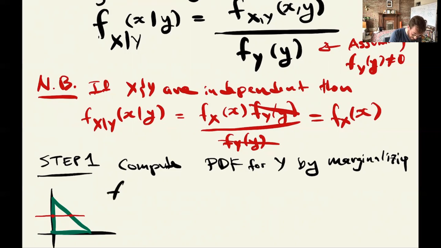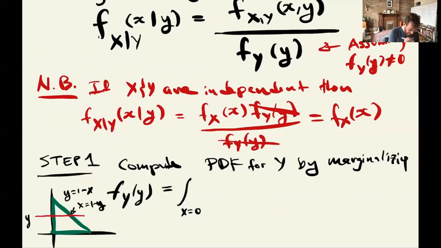Well, f of little y evaluated at this value y is the integral from x equals 0. Now again, let's figure out the formula for this point. Well, I know that y equals 1 minus x. So if I rewrite this, this means that x is equal to 1 minus y.